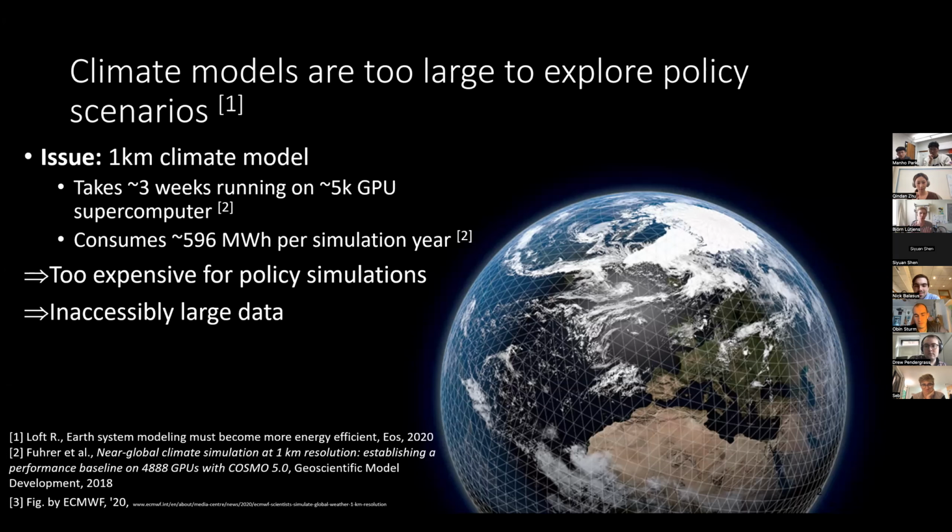So clearly that's too expensive for rapid exploration of what our futures could be like. So we think very carefully about which policy scenarios we want to run our climate models on.